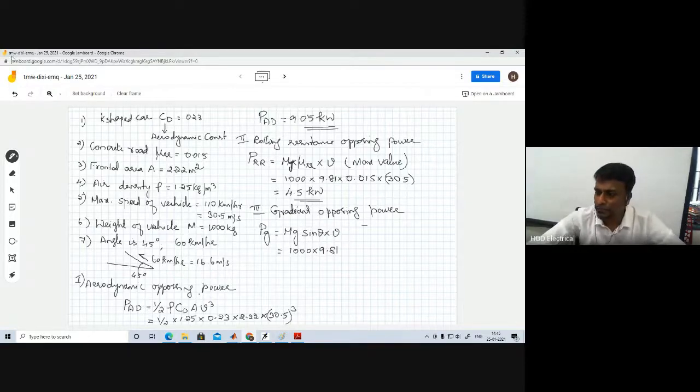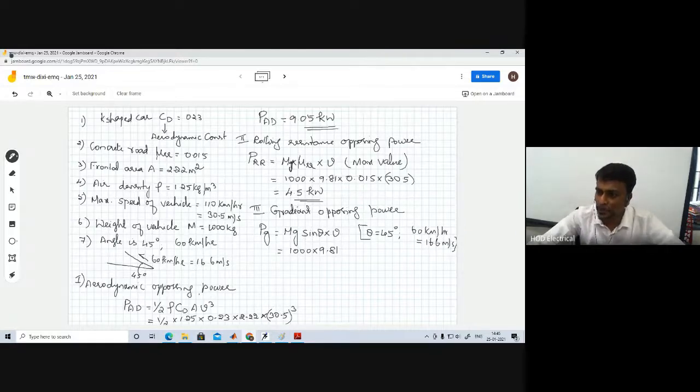Here I have chosen the angle theta as 45 degree with the slope, and the speed of the vehicle I am assuming is 60 kilometer per hour, approximately 16.6 meter per second.